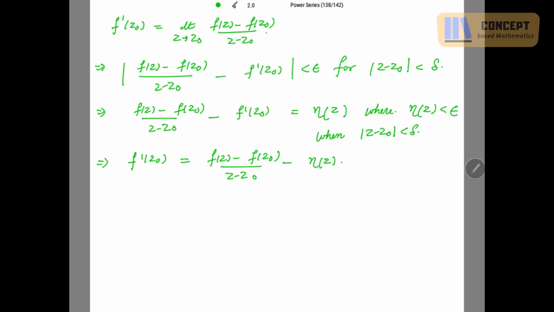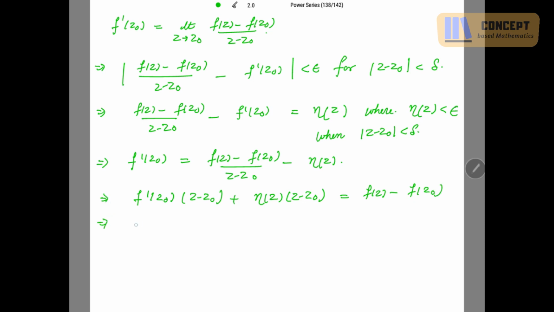So if you take the LCM, you will get f dash z0 into z minus z0, plus eta of z into z minus z0, is equal to f of z minus f of z0.